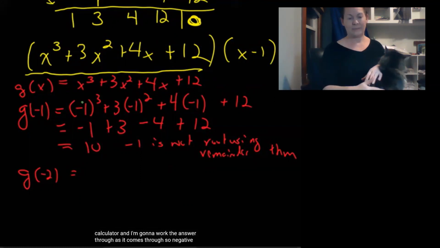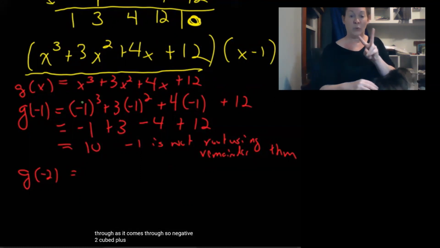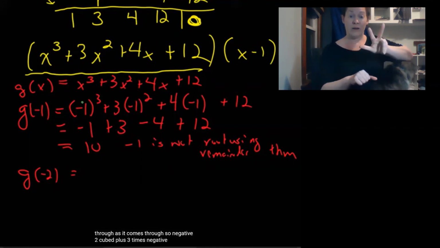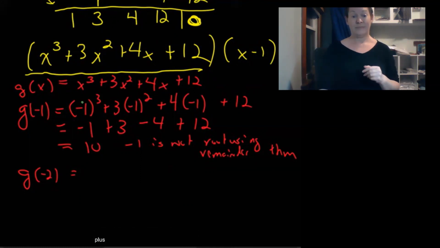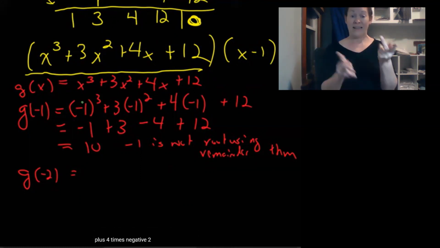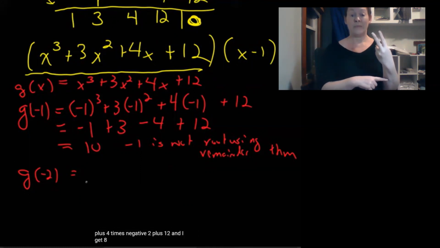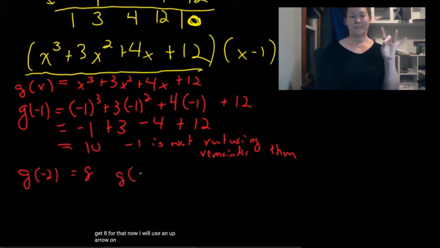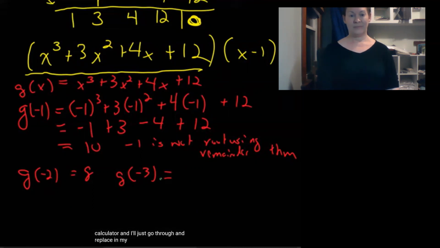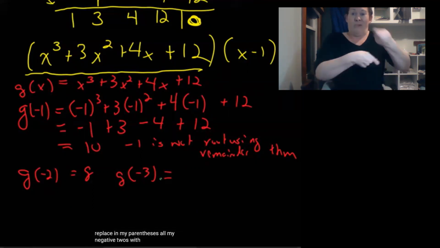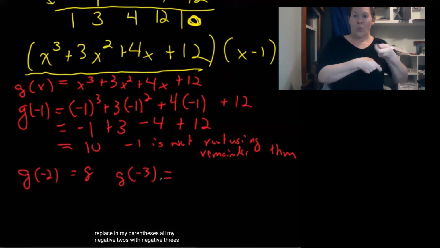So -2 cubed plus 3 times -2 squared plus 4 times -2 plus 12, and I get 8 for that. Now I will use an up arrow on my calculator, and I'll just go through and replace in my parentheses all my -2's with -3's.